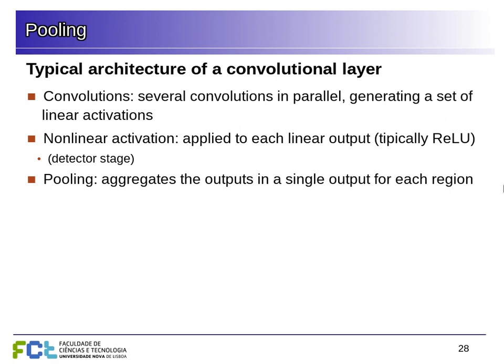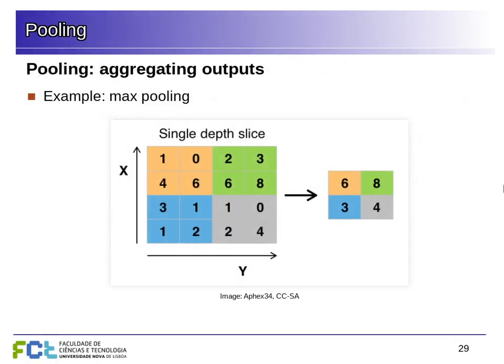So we reduce the resolution of the input and we reduce the dependency on exactly where the patterns are occurring. So let's see an example here of max pooling. We are doing here max pooling of windows of 2 by 2 and with a stride of 2. So if the stride is also the size of the window in which we are pooling, we don't have overlaps between the different pools and we reduce the size of the input.